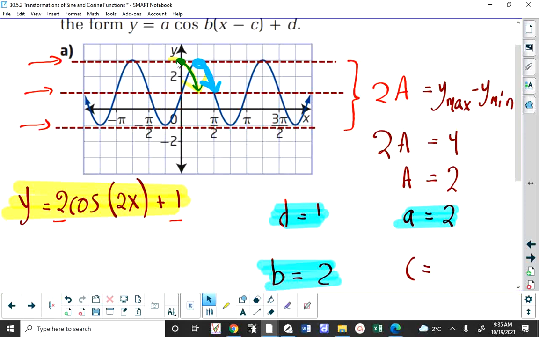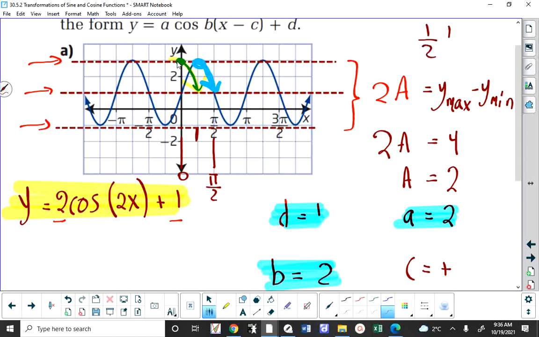So how much did I have to shift it? Well, first of all, I had to shift it to the right, so I'm going to use a positive phase shift. And I shifted it 1 square. Now we have to figure out what 1 square is in terms of the grid. This is marked as being pi over 2. This is 0. So this 1 square would be half of pi over 2.